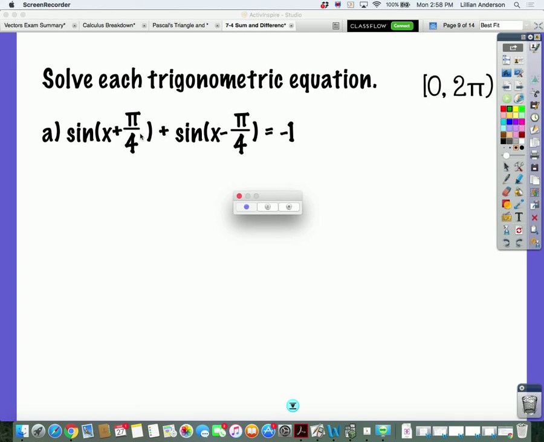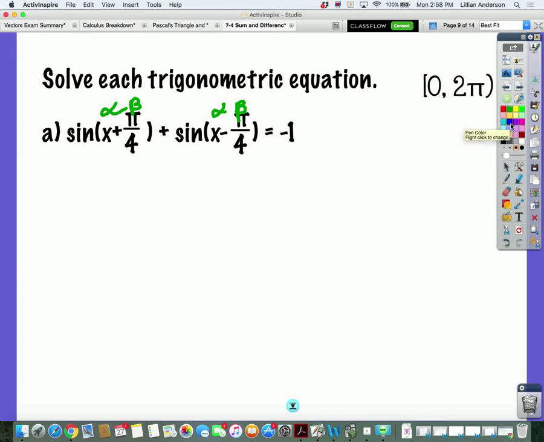The identities again. We're going to have two here. The one that's signed in the plus, and then the one that's signed in the minus. So this is alpha, this is beta, and this is alpha and beta. We'll use the formulas, okay? So we're going to use the formula.